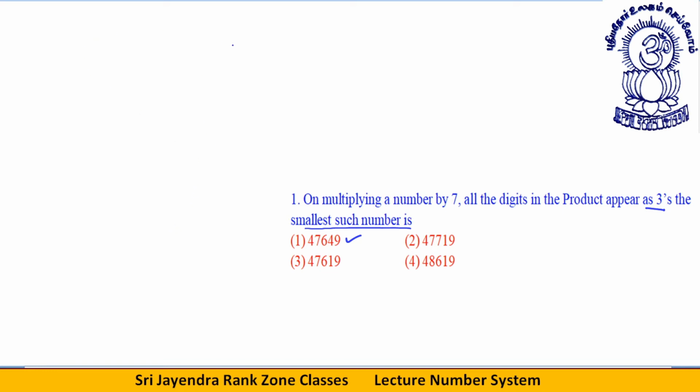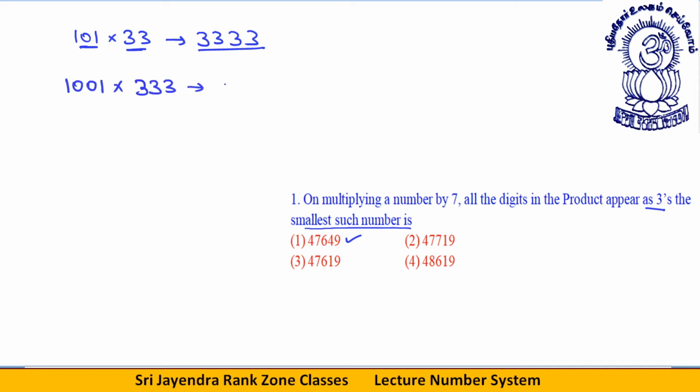I'll explain the logic in detail. I get a number which has all threes. Can I figure out a number which will give me all threes? Either it can be 101 into 33, that is 3333. But 101 and 33 have nothing related to 7. The other way could be 101 into triple three.